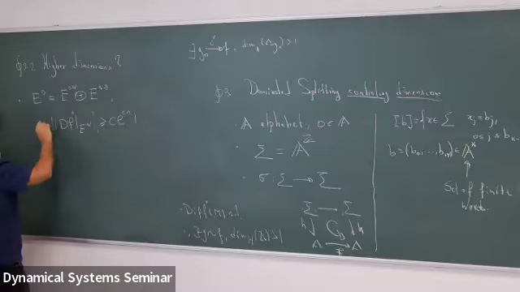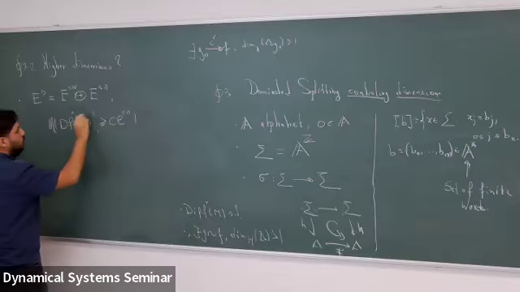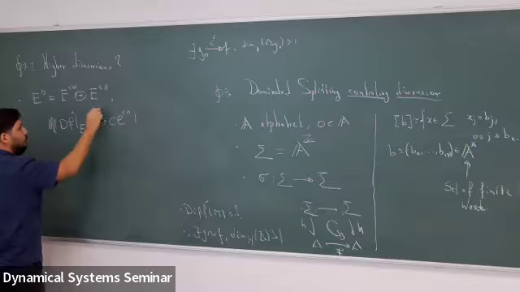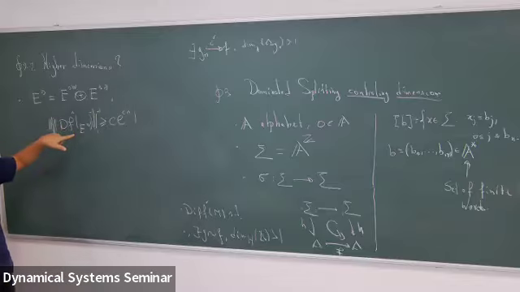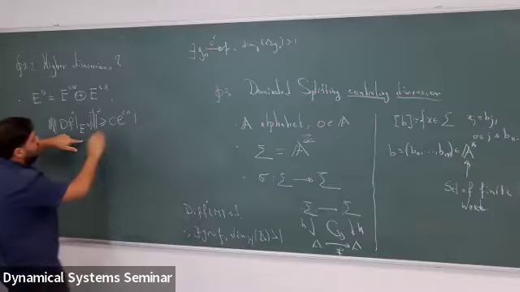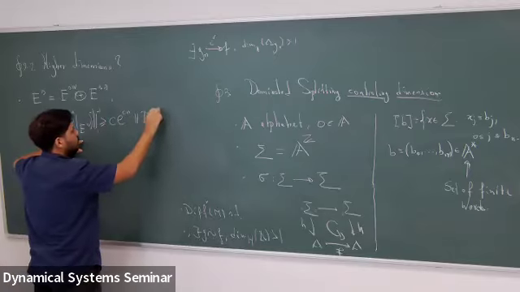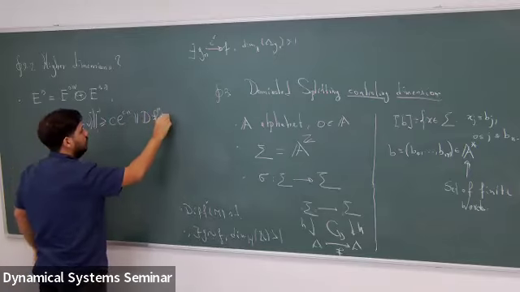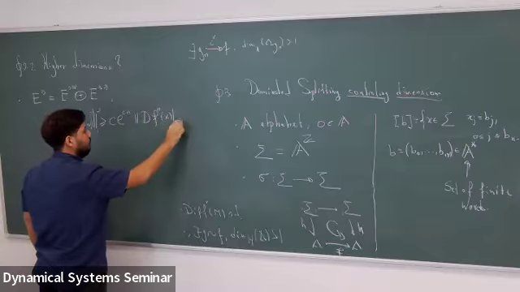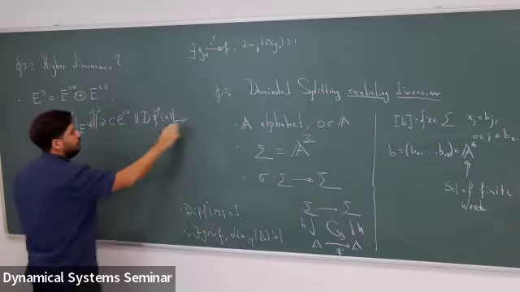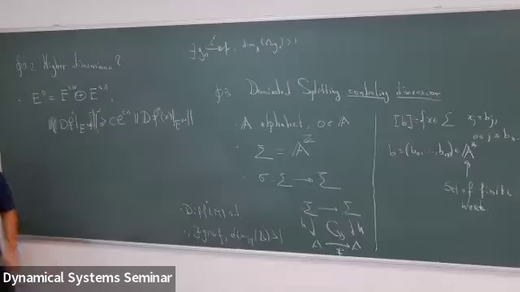Since I'm looking at the norm, let me put the conorm. So the least contraction here is bigger than the expansion, or the strongest contraction here, on the weak stable. That's what I mean by dominated splitting.